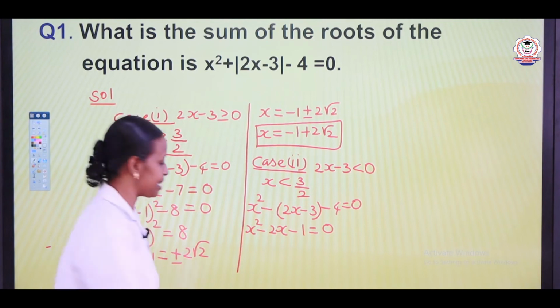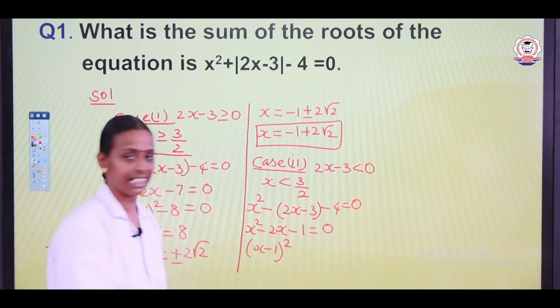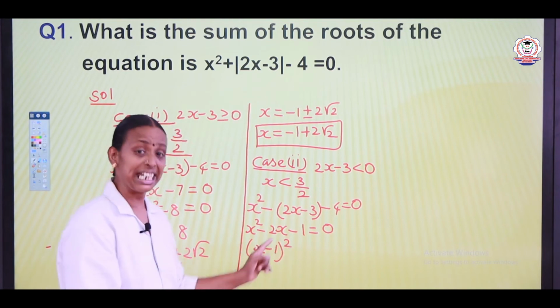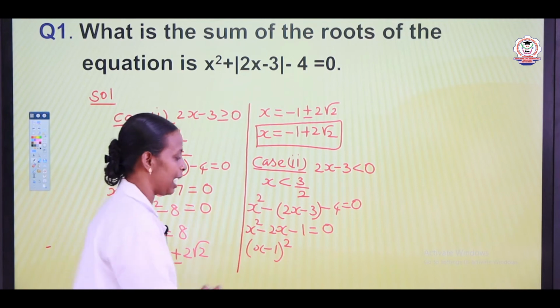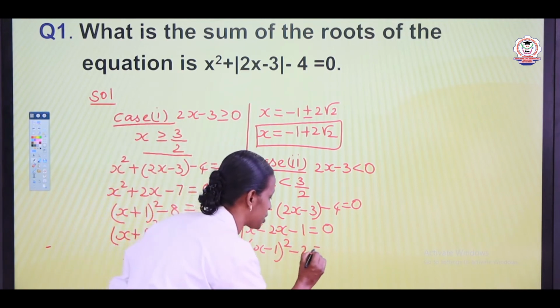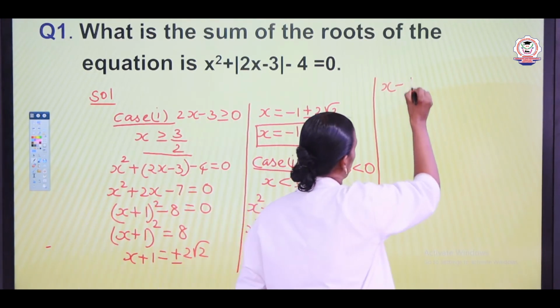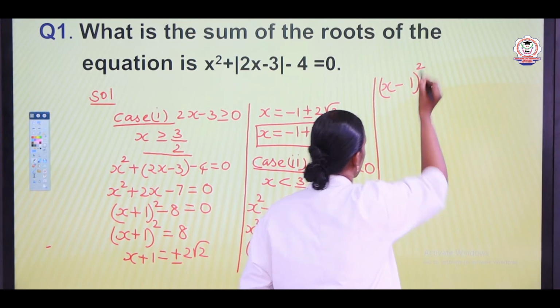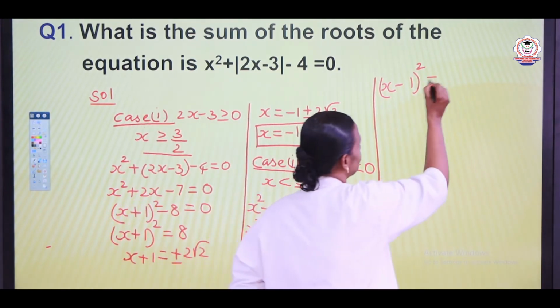This can be written as x minus 1 the whole square, which is x square minus 2x plus 1. Therefore, we have to tally these two values and subtract one, that is minus 2 equal to 0, which is x minus 1 the whole square equal to 2.